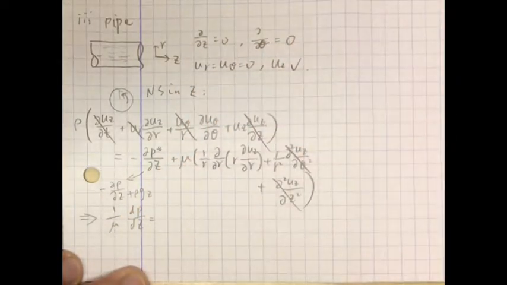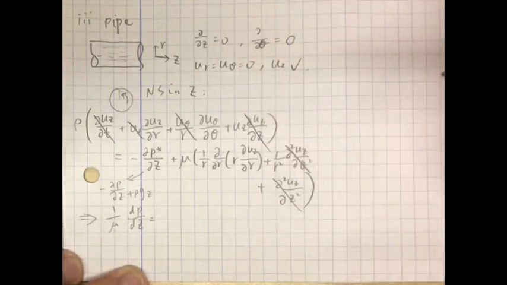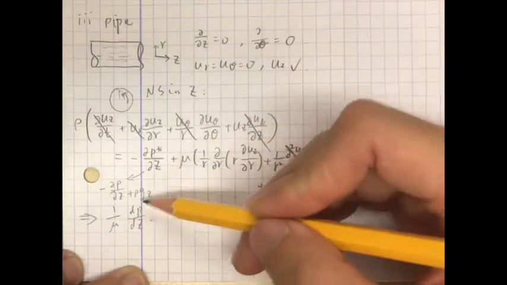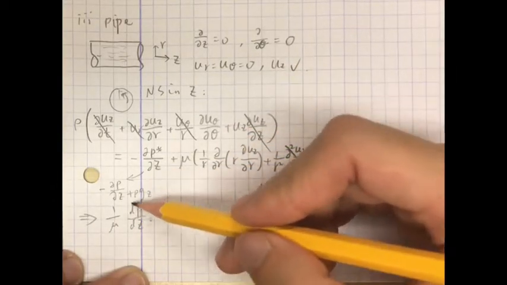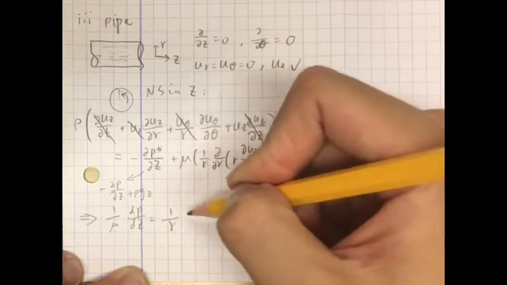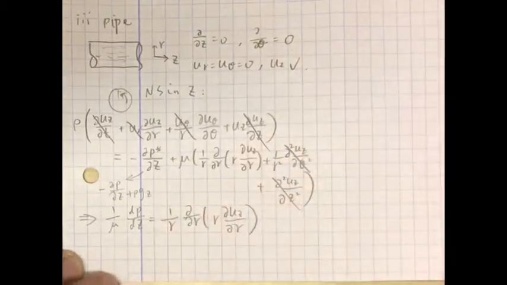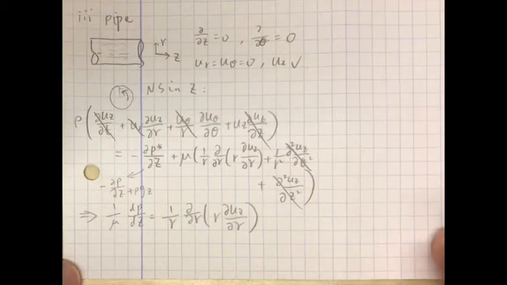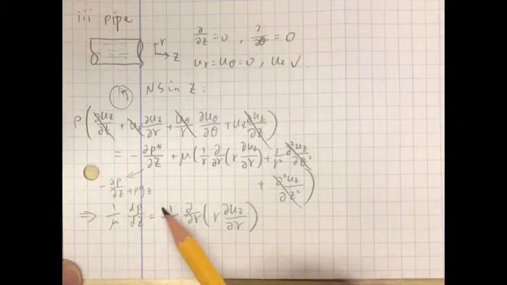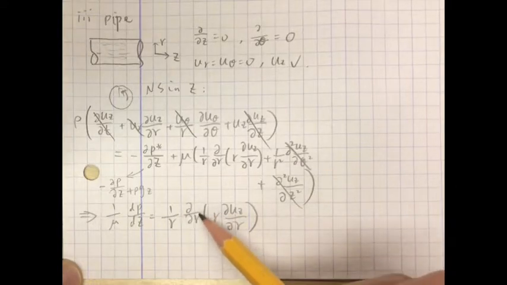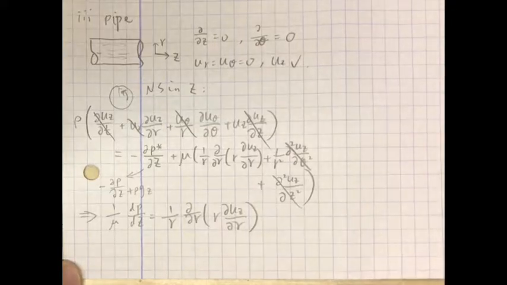Well, let's make our life simpler and not consider gravity in our case, okay? We also see that the pressure can only change with the z direction, so we can write the partial derivative into a full derivative. If we integrate this thing, we need to first multiply both sides by r and integrate one time, and then divide both sides by r and integrate a second time.